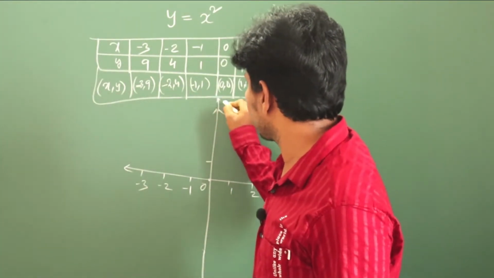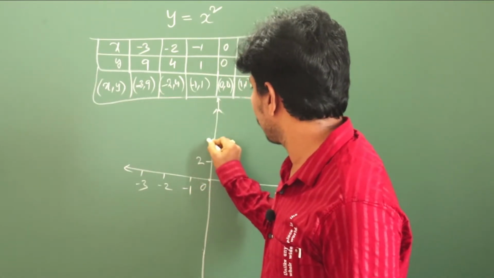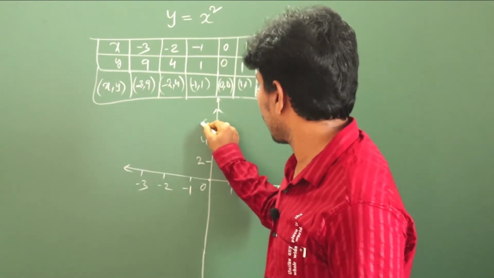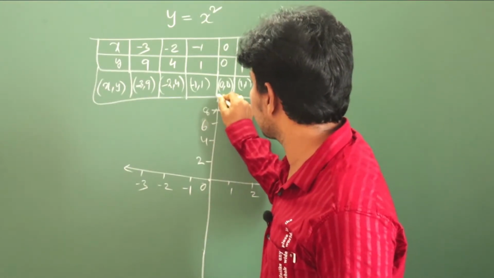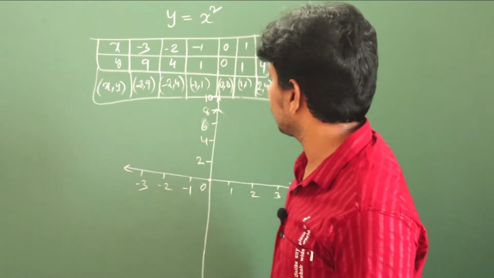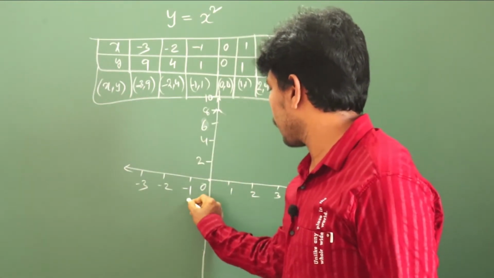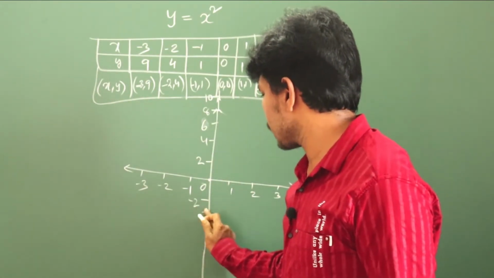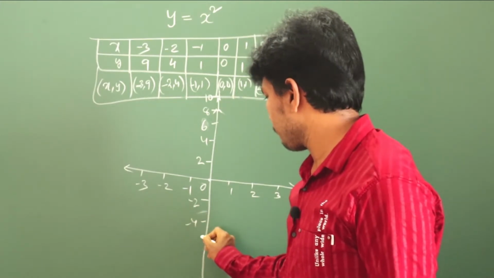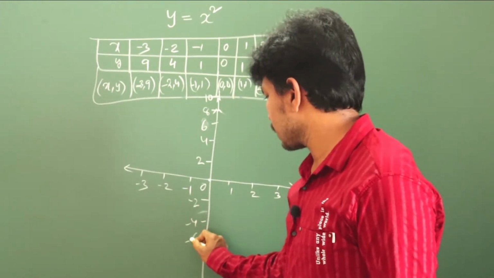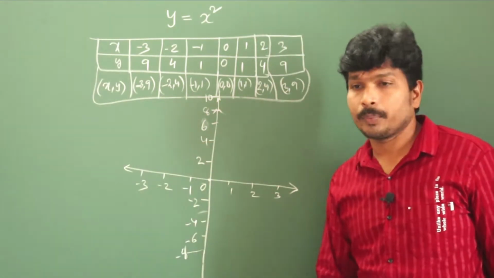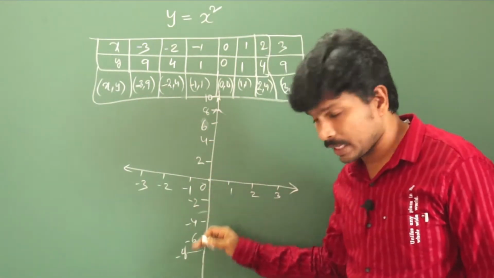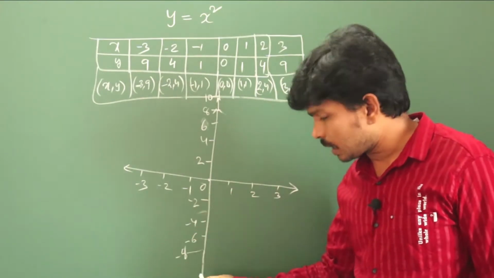Take 2 units: 2, 4, 6, 8, 10, like that we'll get. Here minus 2, minus 4, minus 6, minus 8. So these are the negative y-axis, whose values are like this.